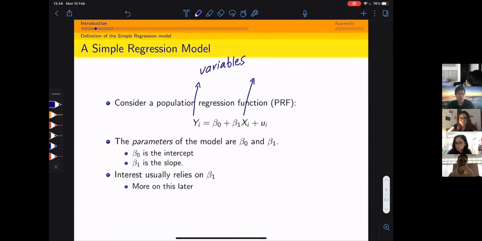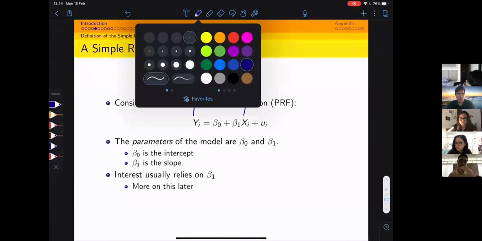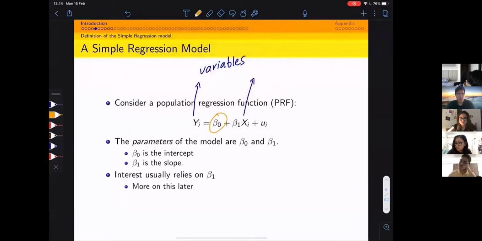In this particular model, beta 0 and beta 1 are called parameters of the model. In particular, beta 0 is called the intercept, and beta 1 is called the slope. Beta 0 is also important in the model in general, but what we care about is actually beta 1.